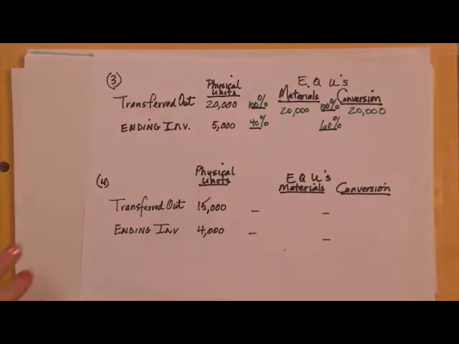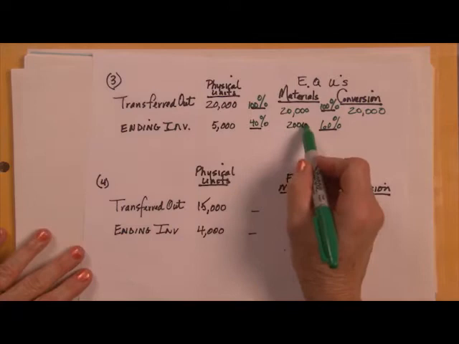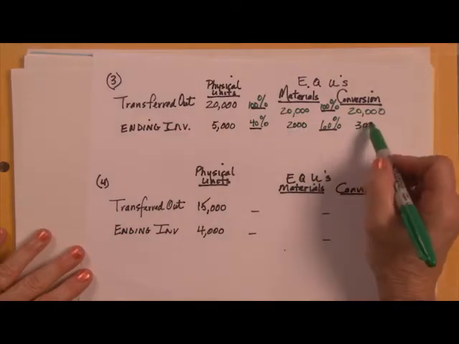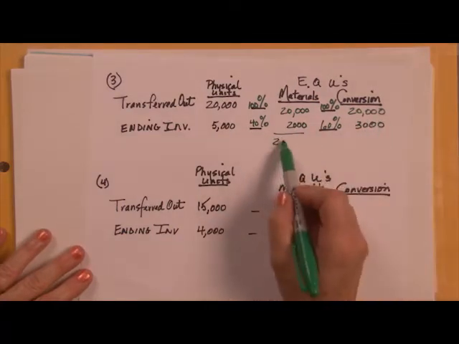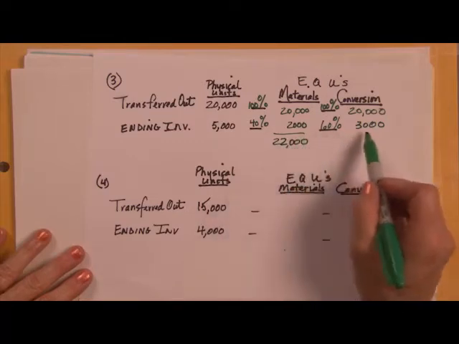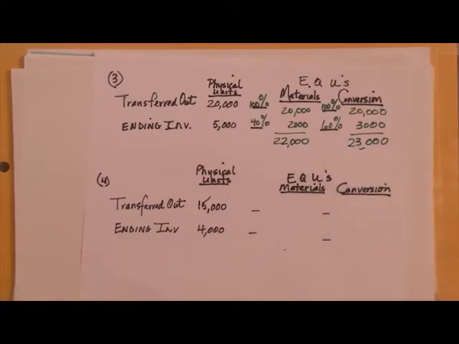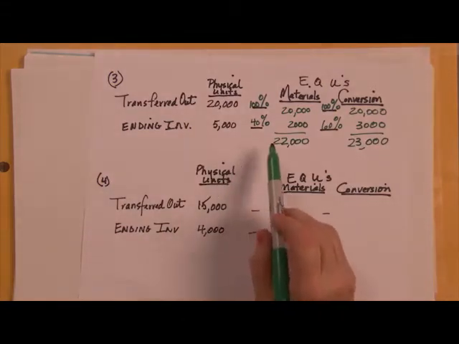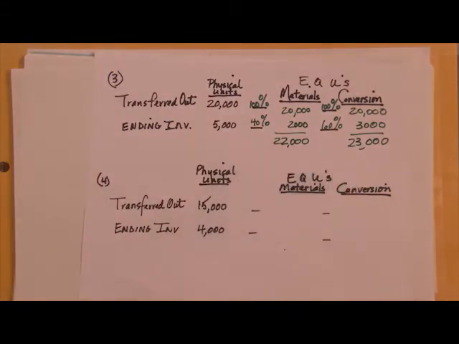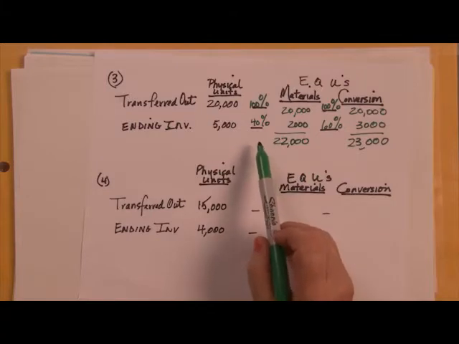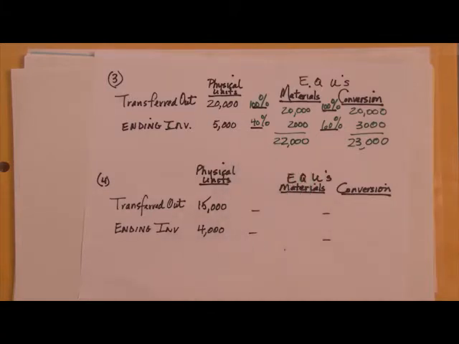We do the multiplication for each of these, and then we total to get our total equivalent units for materials and for conversion cost. So keep in mind, you can see right here why we have to keep these separate, because they may be at different degrees of completion. That is, materials and conversion may be at different stages.